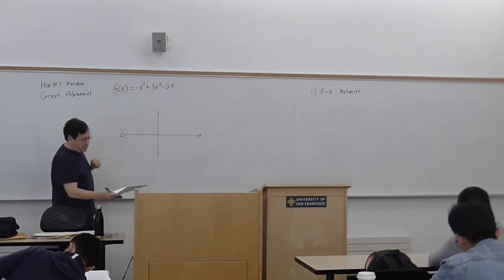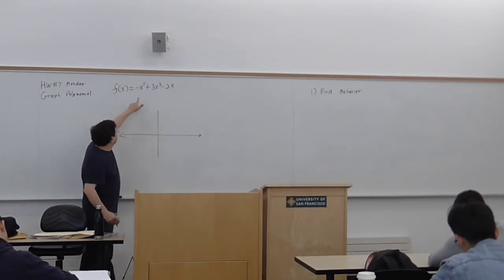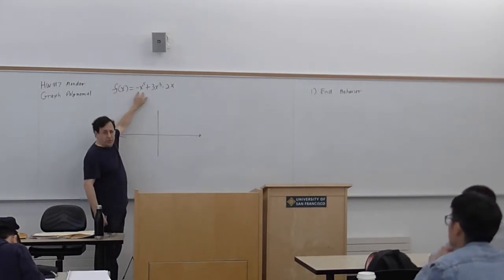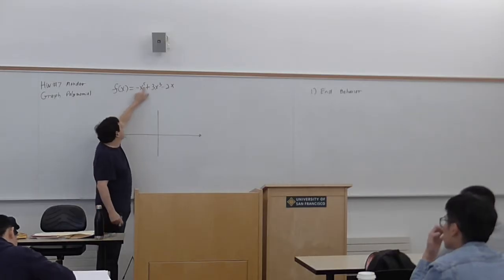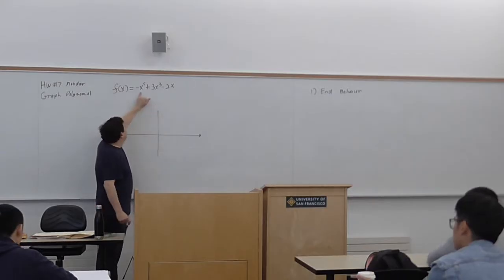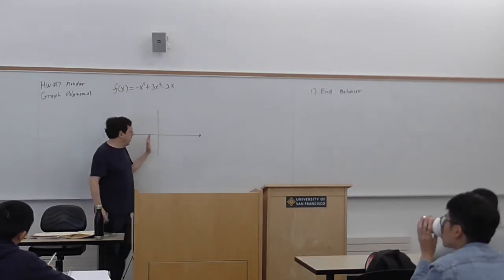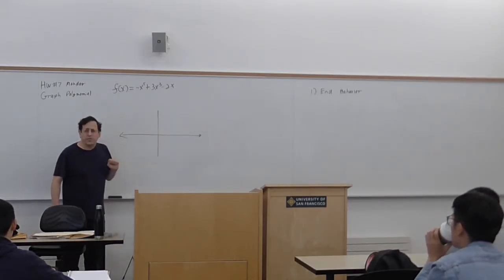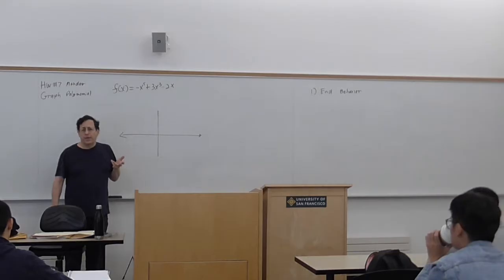Now, the key point to realize is that here we have what they call the leading term, x to the 5th, that's 5 being the degree of the polynomial. This term, as we get out on the x-axis in either direction, is going to dominate. I want you to think a little bit about that, why that is.